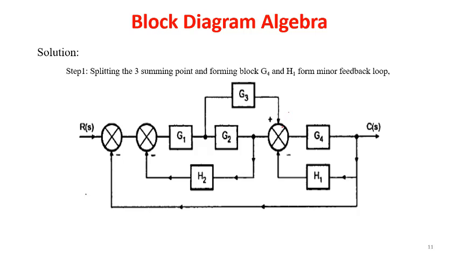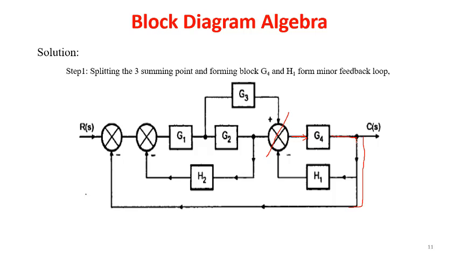So this summing point we are going to split, and this summing point is going to have output forward block G4, and it is having a split of a takeoff point also. We can have this one like this also, no issues, or we can identify this one here itself only.